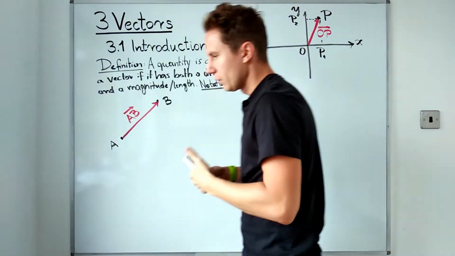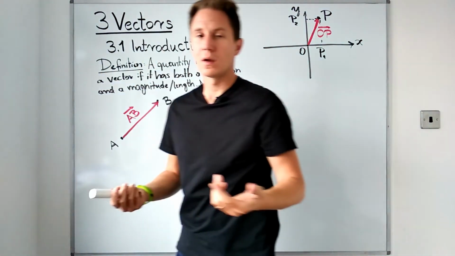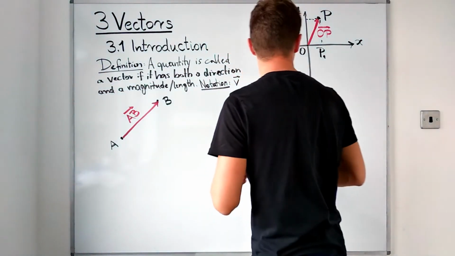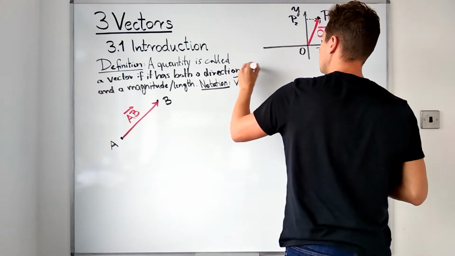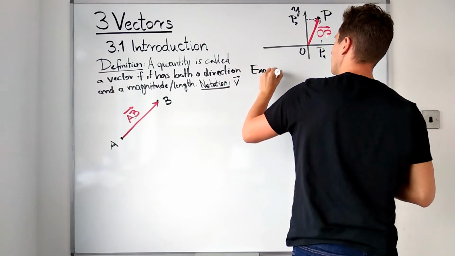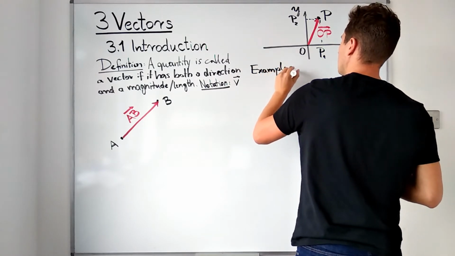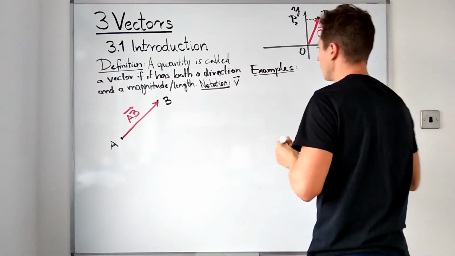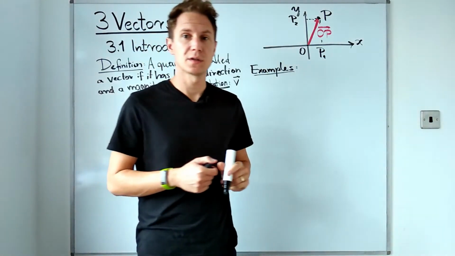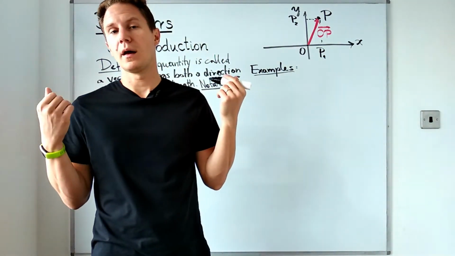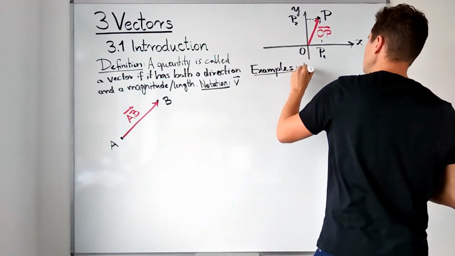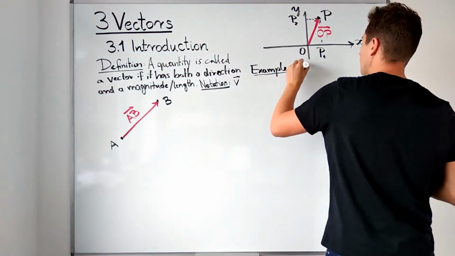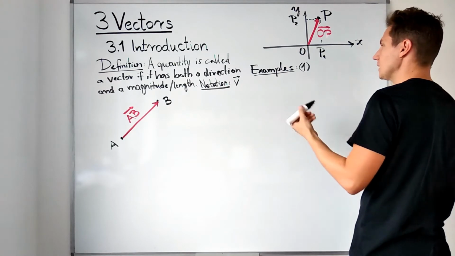Okay, so to give you some examples of vectors, where can we meet or use vectors? Well, we've already used vectors, for example, when we had the complex plane and used it to locate or represent complex numbers as points in a plane.